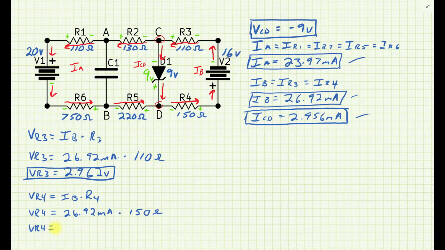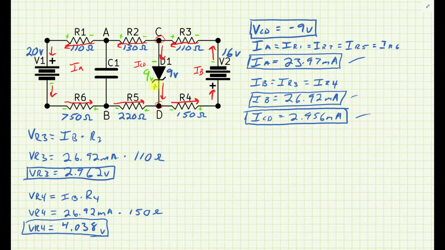VR4 equals, okay, that same current, 23.97, no, that's the wrong one, 26.92 milliamps times 150 ohms, and I'm getting a value of 4.038 volts.